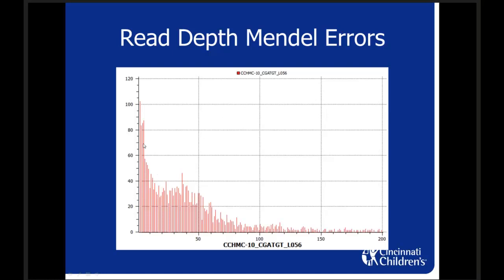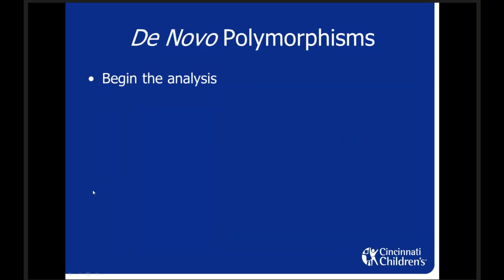In this particular case, the average coverage for Mendel errors is about 10x, which is an indication of the low quality of the scores. So when you're looking for de novo mutations, you're basically going to be going through the lowest quality reads and sequence data to try to find the real de novo polymorphisms.